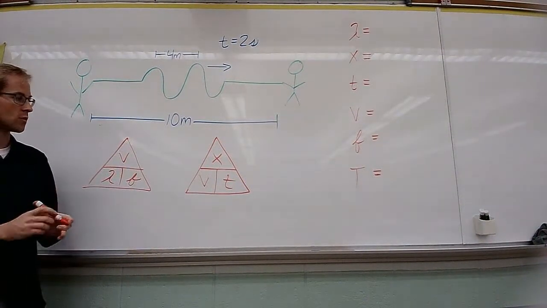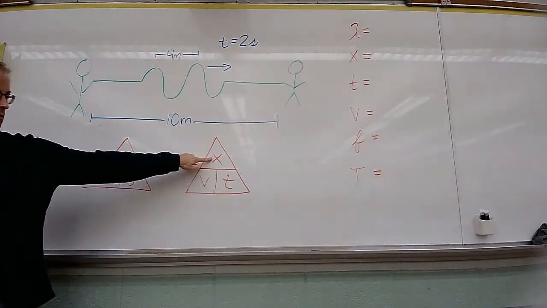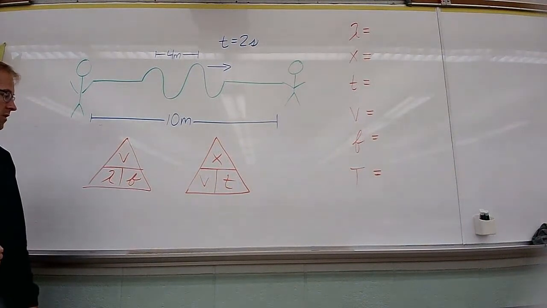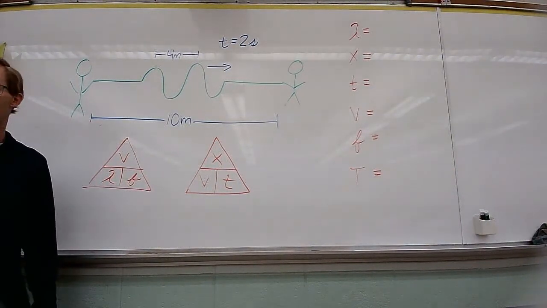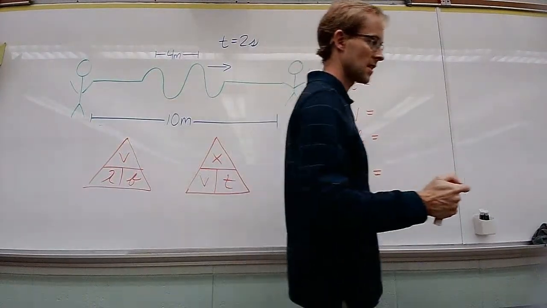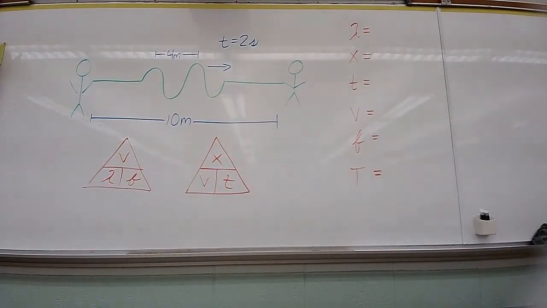In physics, we use the letter x for position, for distance. So that's what the letter x means. It's how far you've gone horizontally. V is velocity.